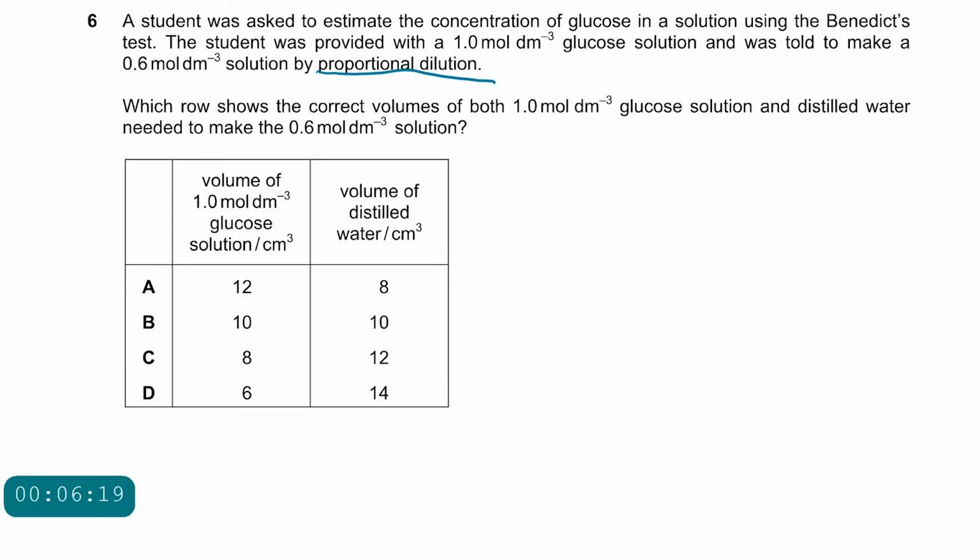First of all, we divide the volume of the glucose solution by the total volume. And the ratio that gives us 0.6 is going to be the correct answer. In this case, 8 divided by 12 is going to give us 0.6. Therefore, the answer is A.